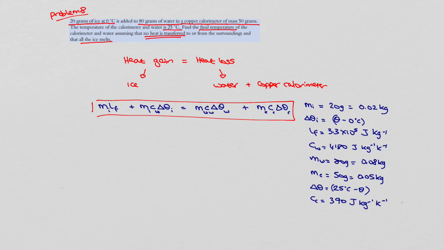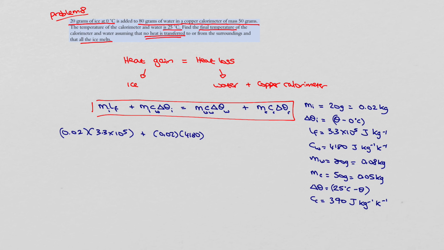So if we sub all our values into our equation, for the ice it's 0.02 times the latent heat of fusion, which is 3.3 by 10 to the power of 5, plus the mass of the ice, 0.02, times 4,180.